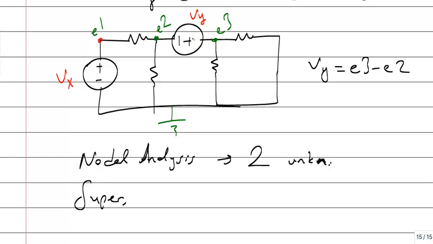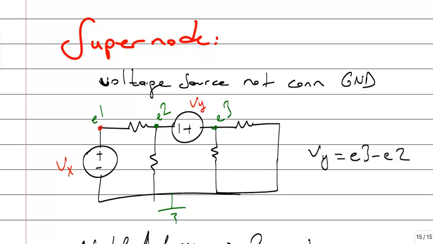You say this is a supernode. Here is a supernode, and you will write one equation. This current plus that current is equal to these 2 currents. Okay, that's it. You will write only one equation.